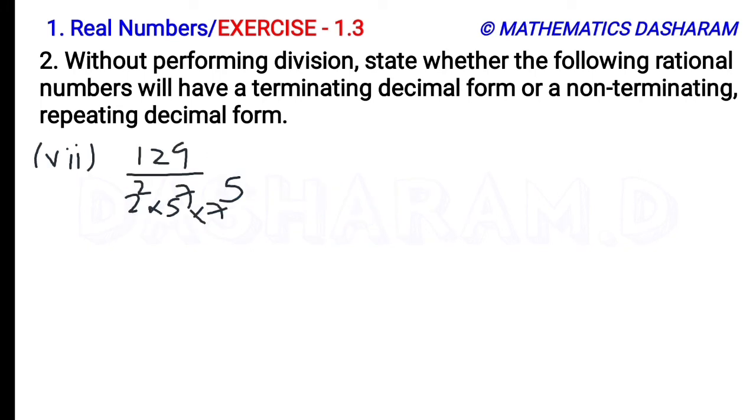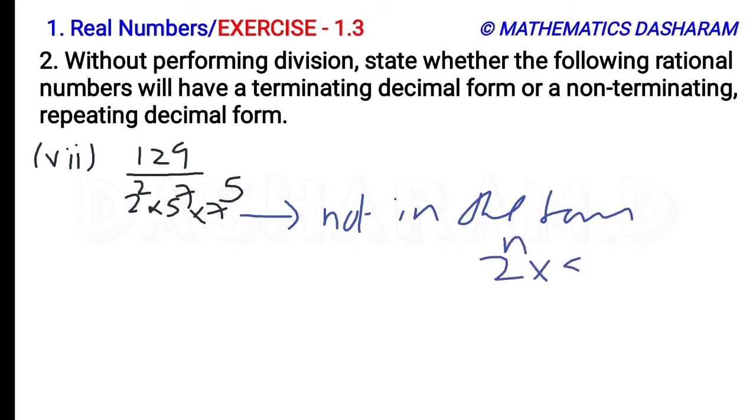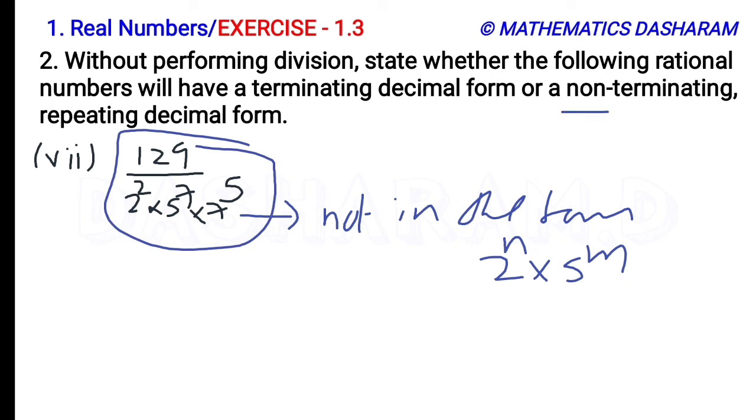Seventh question, 129 divided by 2 square into 5 to the power of 7 into 7 to the power of 5. So here the denominator is not in the form of 2 to the power of n into 5 to the power of m. So the given fraction is a non-terminating repeating decimal form.